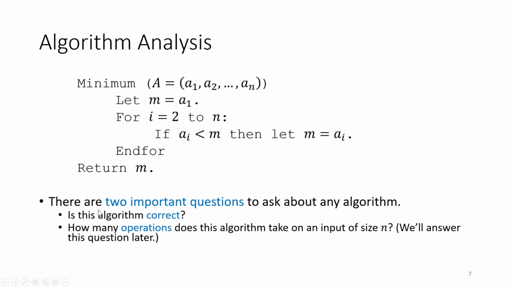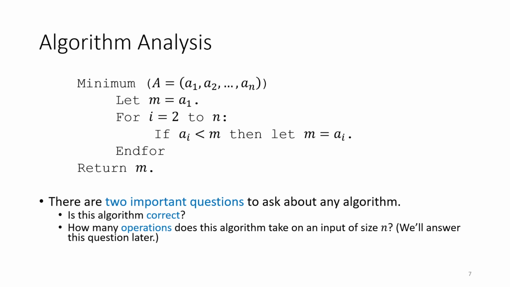Okay, that's the first question: is this correct? The second question then is, is this efficient? The way that I've got that stated here is, how many operations does it take to execute this given a specific input?